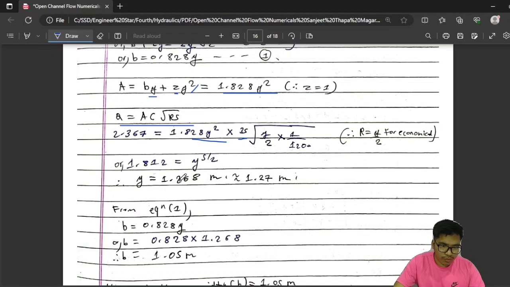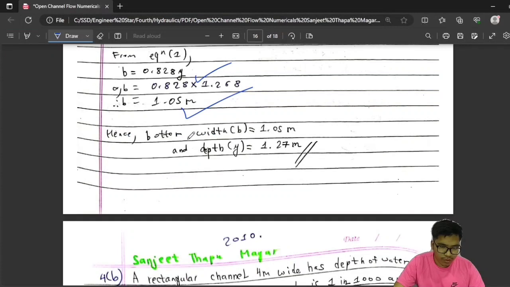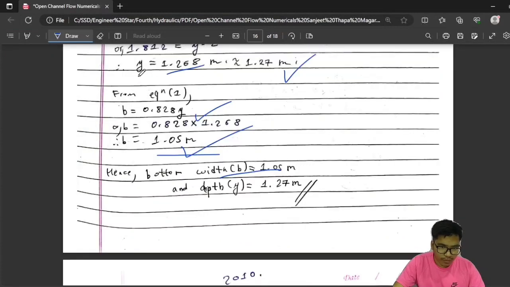Y is 1.267, which is nearly equal to 1.27. From equation 1, b is 0.828y and y is 1.267, so b is 1.05. So bottom width b is 1.05 and depth y is 1.27.